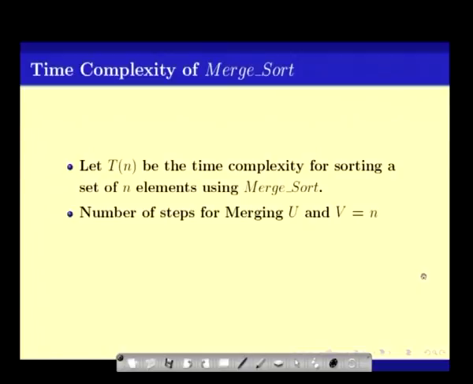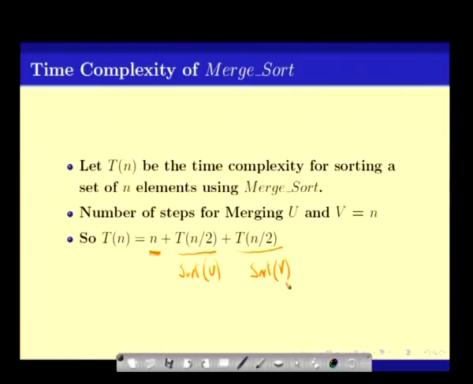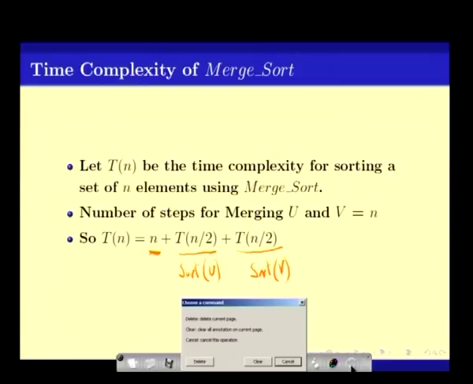So, the number of steps required for merging is n. Thus, T(n) will be n, which is for this merging, plus T(n/2), which is for sorting U, and T(n/2), which is for sorting V. This is because we have been calling merge sort on U and merge sort on V recursively.